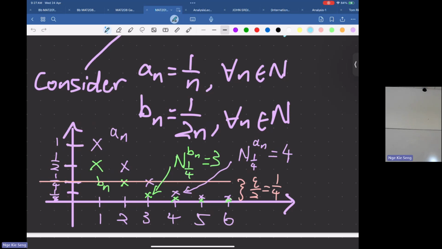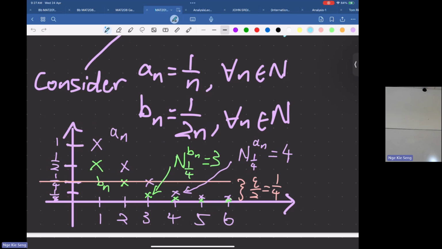So along this gap here, which term of the two sequences goes into this gap? You see the first, An, is 1, 2, 3, 4. Only the fourth one comes into the 1/4 gap. But how about Bn? 1, 2, 3. The third is already coming into the gap. Does it make sense?